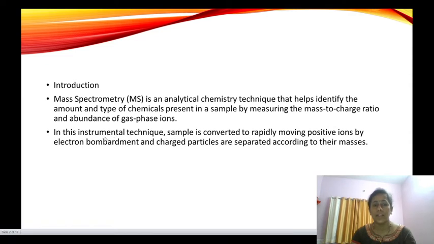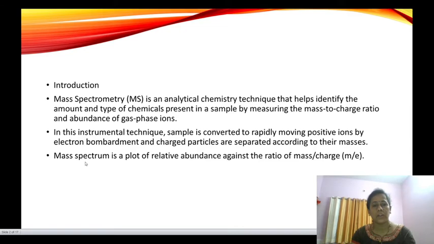That is, in this instrumental technique, the sample is first converted to rapidly moving positive ions by electron bombardment of 70 electron volt voltage, and charged particles are separated according to their masses.